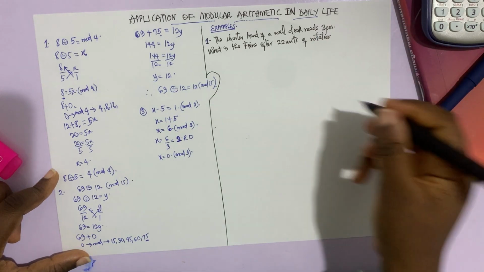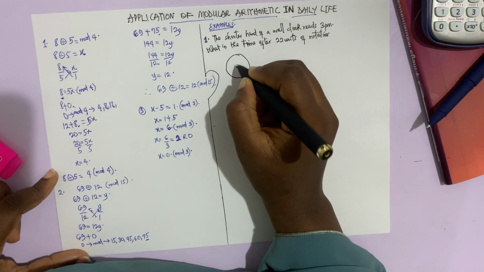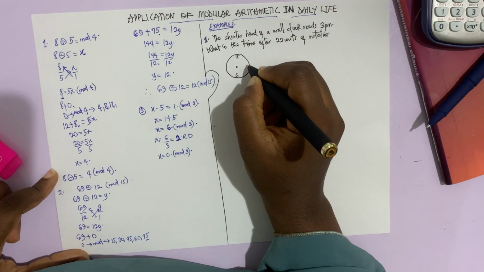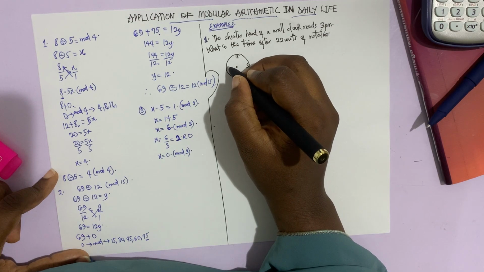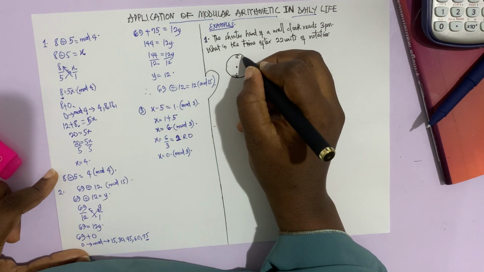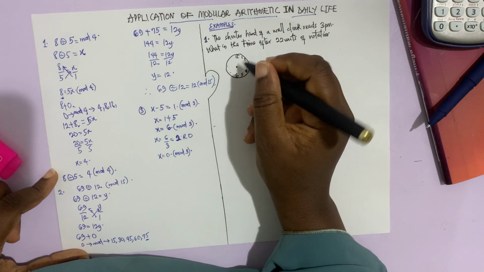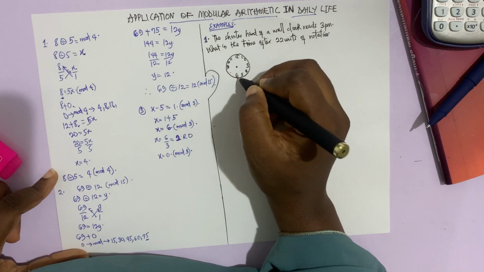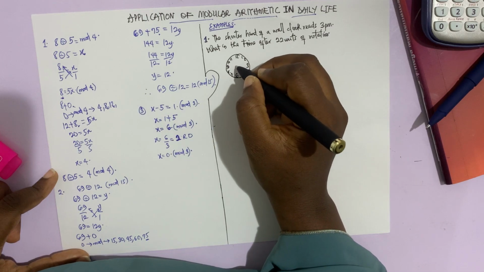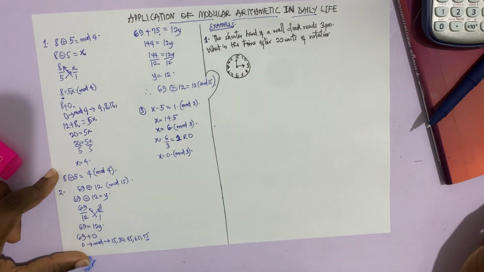How do we get this? The first thing, we try to draw the timing. We have 12, 1, 2, 3, 4, 5, 6, 7, 8, 9, 10, 11. So it's showing 3 o'clock like this.